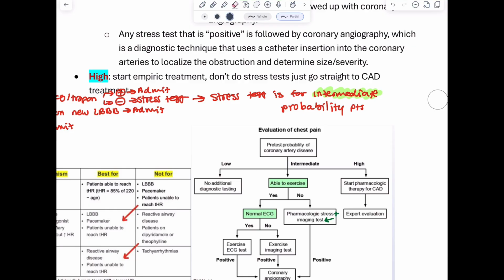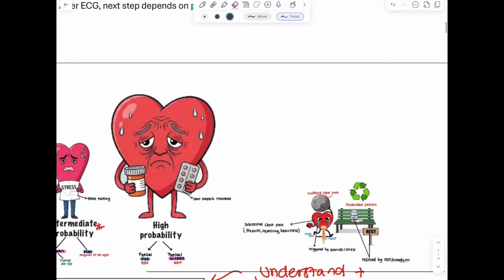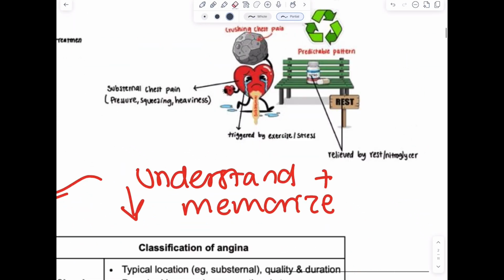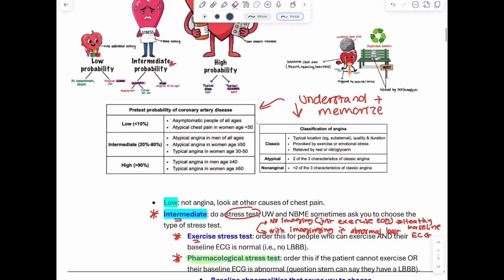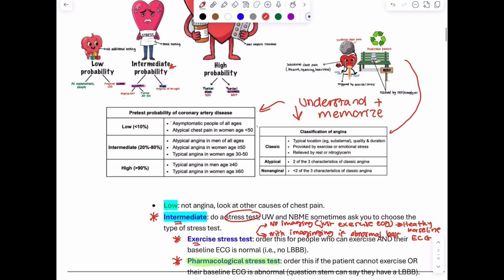You're gonna memorize the 3 things that you need to have from this picture. Memorize this because it's gonna help you with this. And knowing if it's typical or atypical is gonna help you to determine if you're here, here, or here. But like I said, most of the questions you're gonna be here.